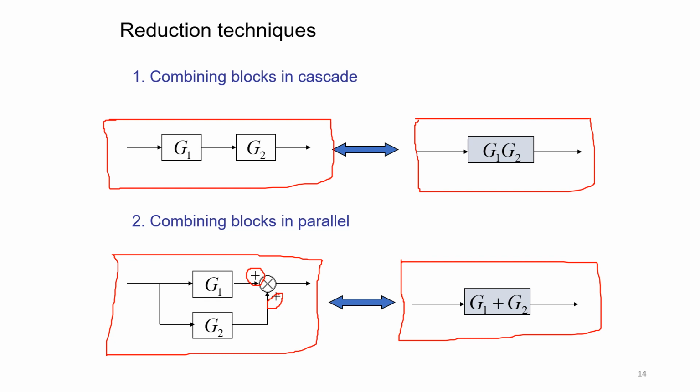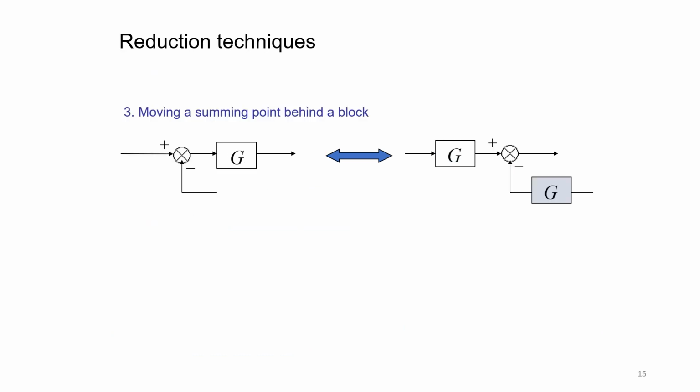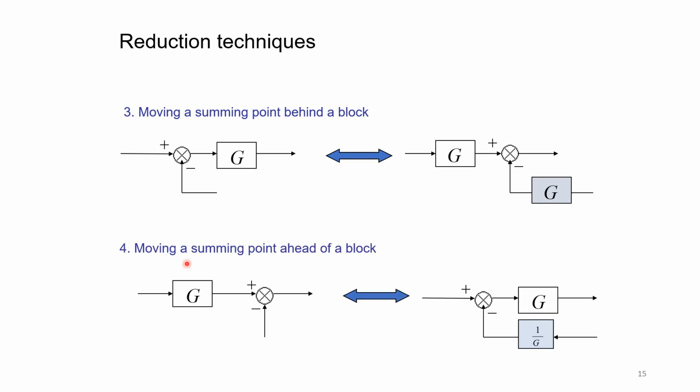Now coming to the next rule, moving a summing point behind a block and moving a summing point ahead of a block. If I have a summing point prior to a block with gain equal to G, then it is equivalent to shifting this summing point to after this particular block.